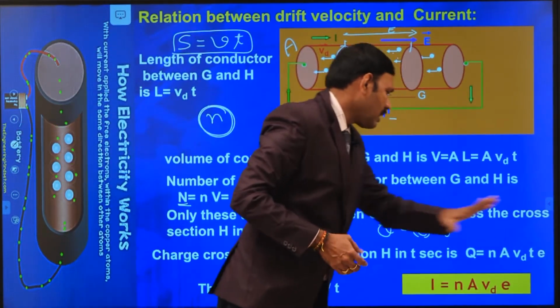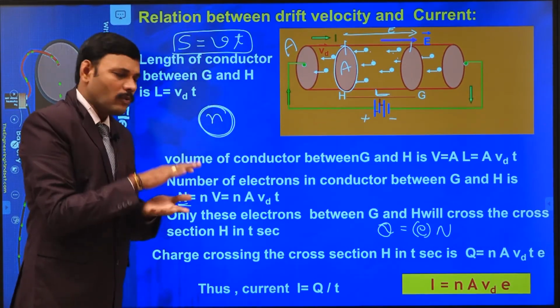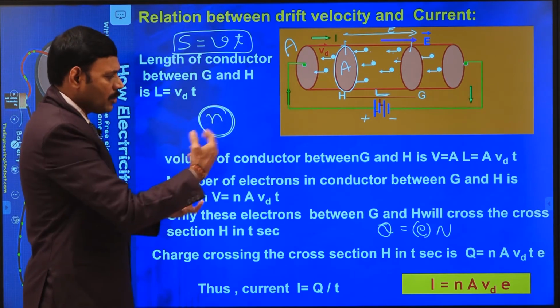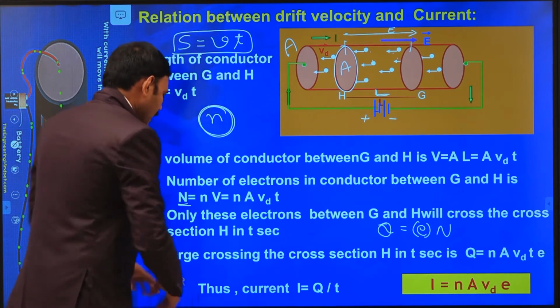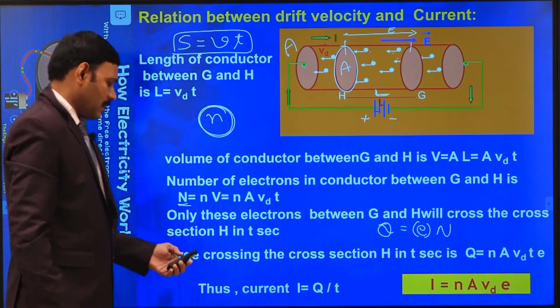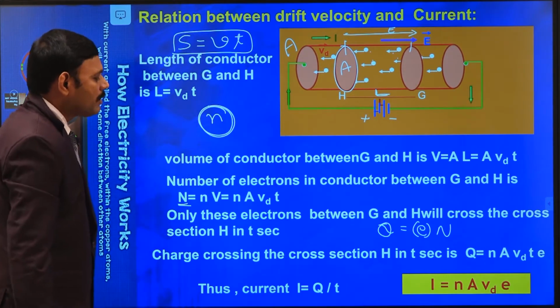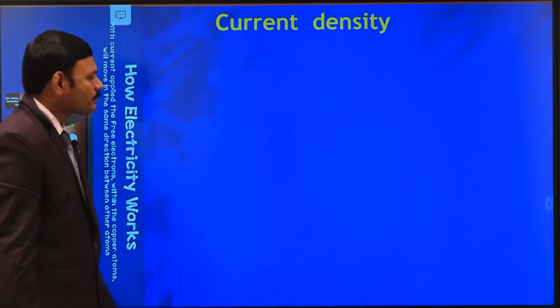Then current is the rate of flow of charge, so Q by T, where Q is the charge flown in T seconds. I is equal to n e A Vd. This is the very important relation between drift velocity and current.